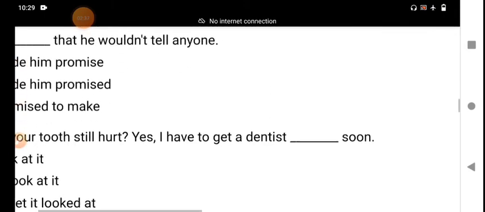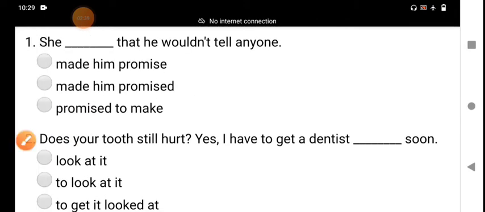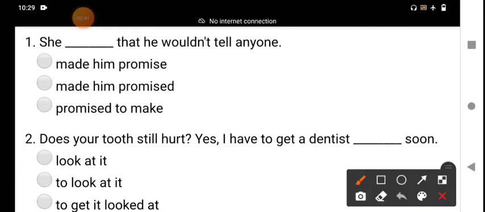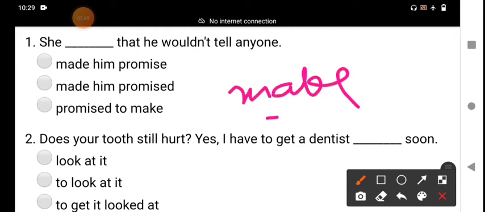And number 1 is here: make. Make is one of the causative verbs. There are 5 important causative verbs: make, let, help, have, get.